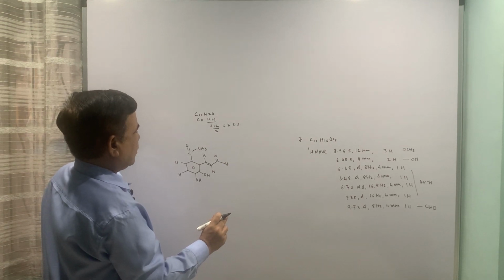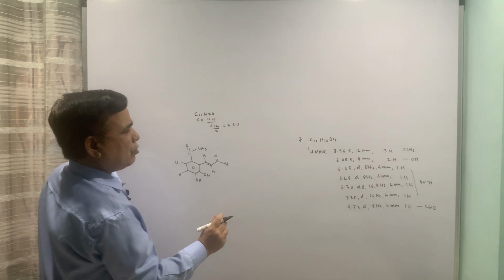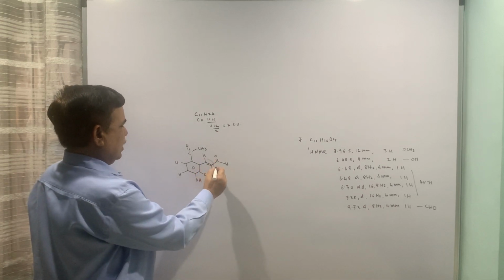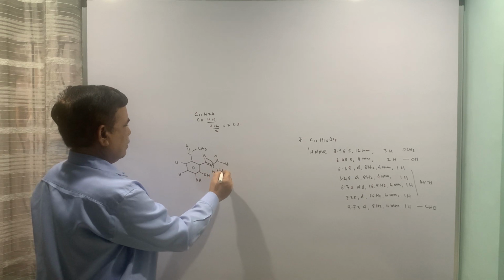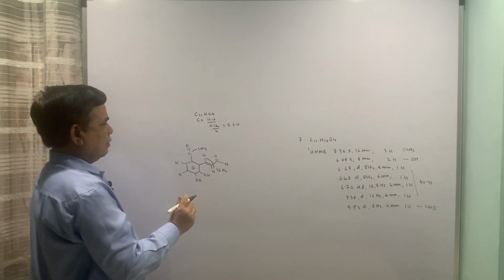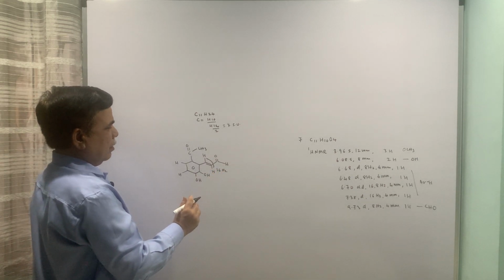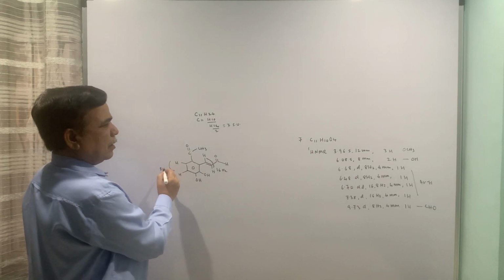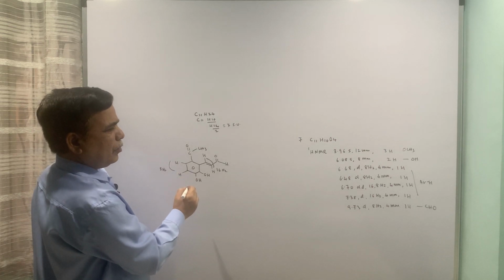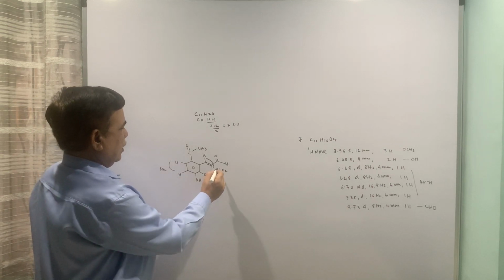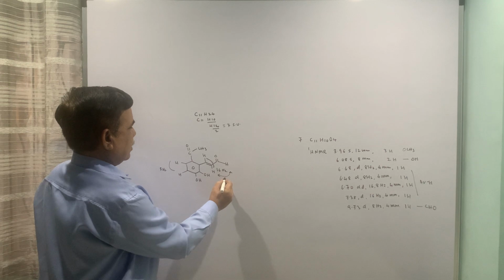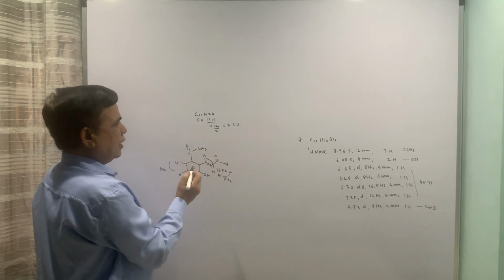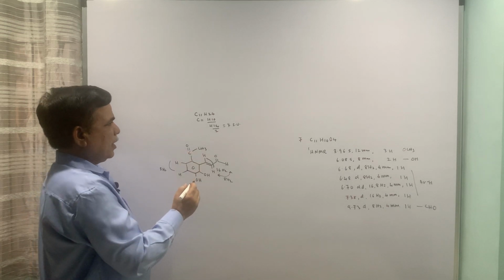So 2 aromatic protons are seen, and an olefinic proton. Now this is 16 hertz. This is 8 hertz because they are mutually coupled, and this is also taken as 8 hertz. 4, 5, 6 and 7 degrees of unsaturation.